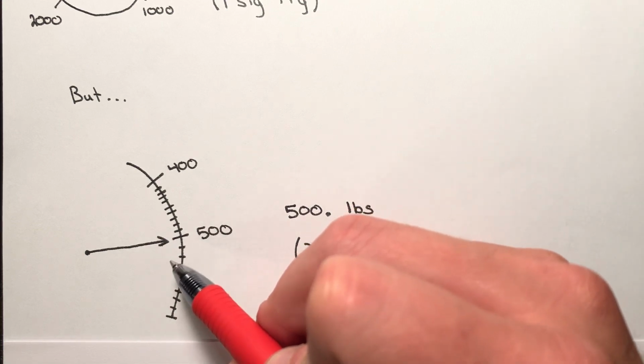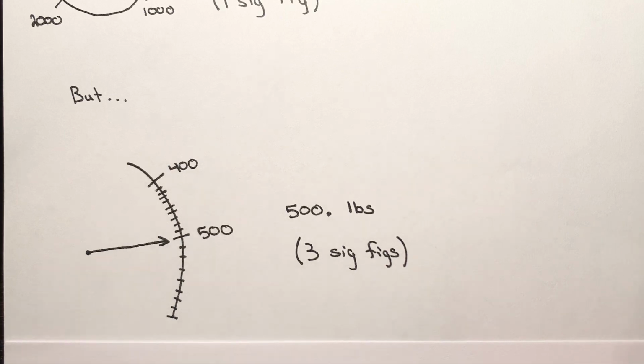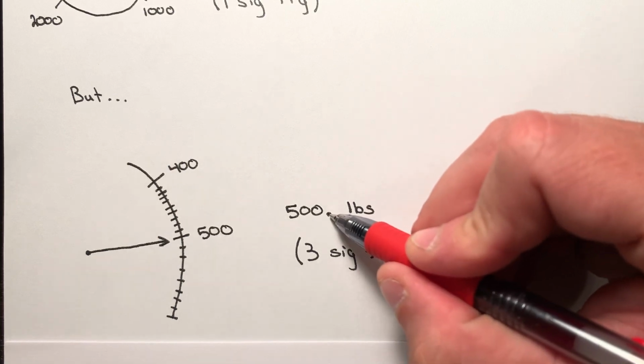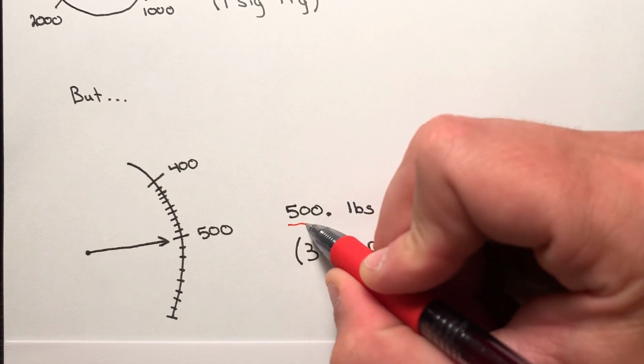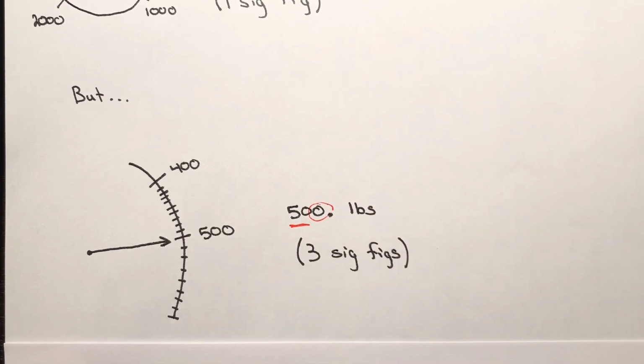It's not 501, it's not 499, or it looks to be the case. So this decimal reaffirms that we are sure about the 5 and the 0, and the 0 at the end here is a pretty good estimation. Okay, so again, going back to the idea that the number of gradations is going to dictate the certainty in our measurement. In this case, we have 3 significant figures.